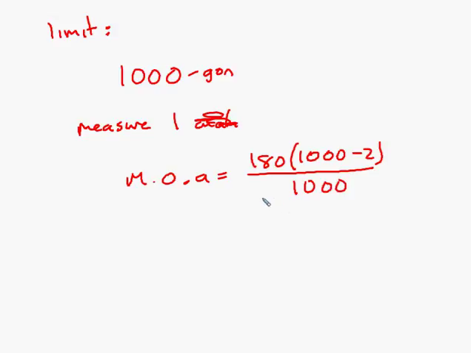So do we actually think this is going to approach 180, or is it going to approach something else? Well, it's going to approach 180. Why? Because this piece, if I just look at this piece, as those numbers get really big, what is that getting really, really close to?